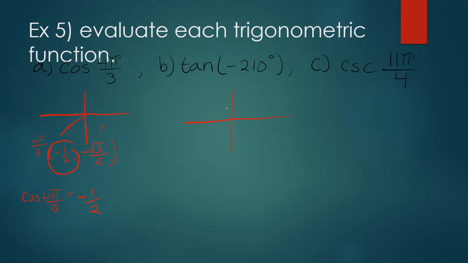If you do get lost, you could do positive 210 first, which would be right here. So negative 210 would be right here in quadrant 2.